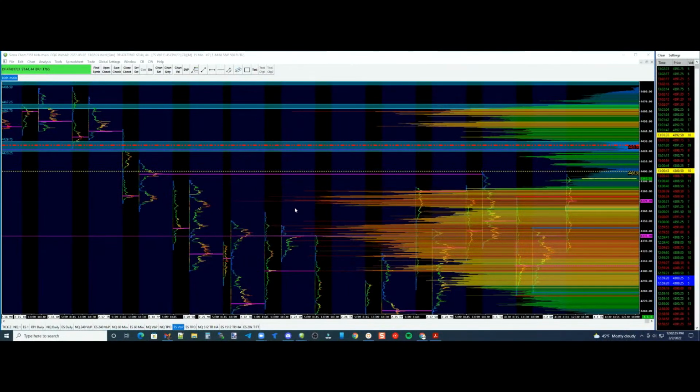Sierra Chart gives you some amazing tools to identify key areas and to trade those areas based upon order flow. And what exactly is order flow? Order flow is simply a buyer and a seller coming together at a specific price.